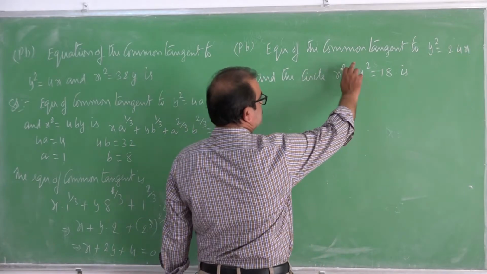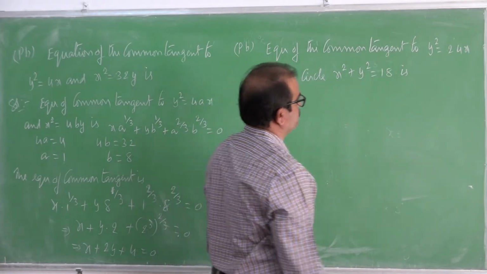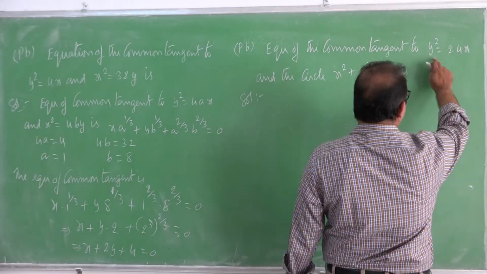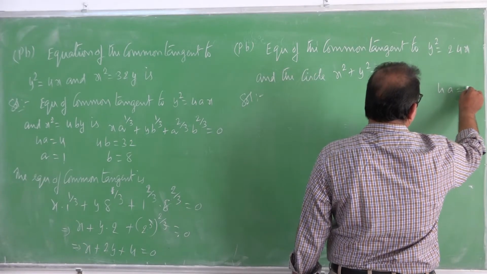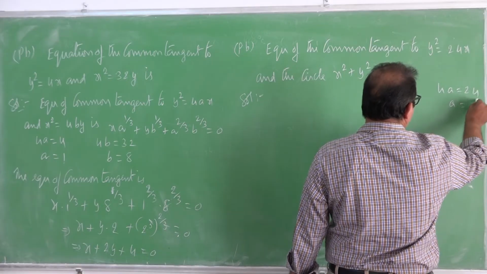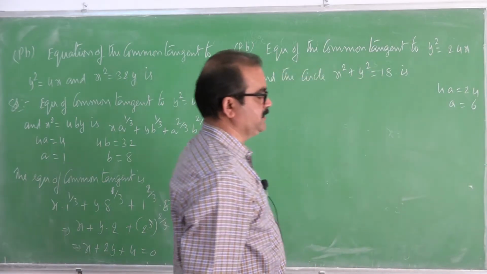What is the given parabola? y square is equal to 24x. It is in the form of y square is equal to 4ax. 4a is equal to 24. A is equal to 6.